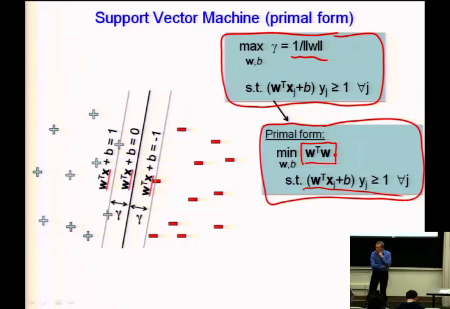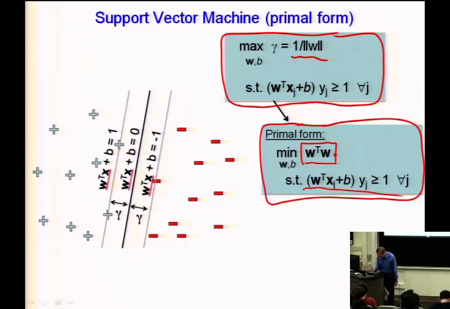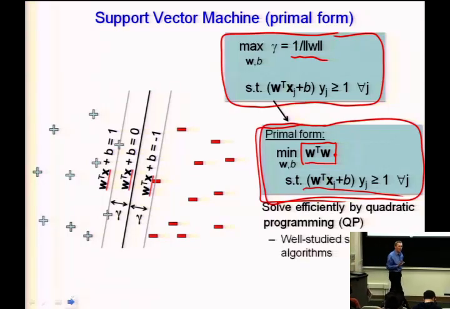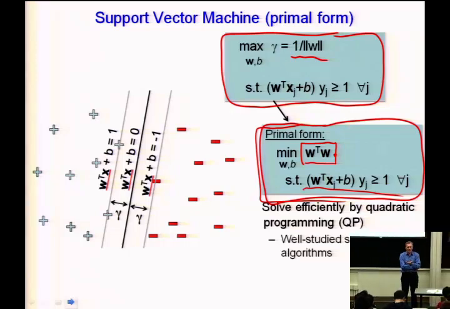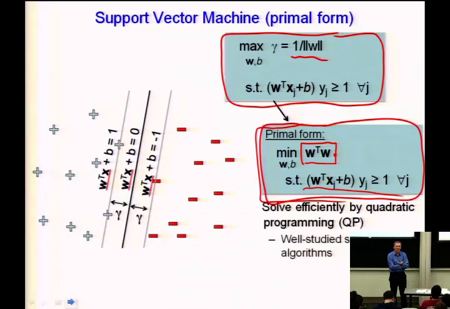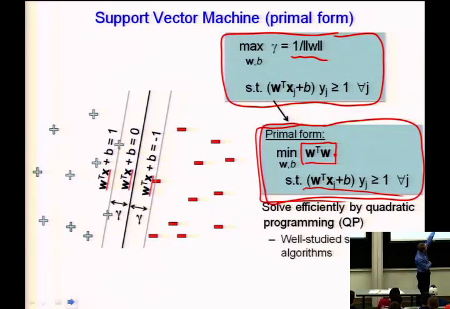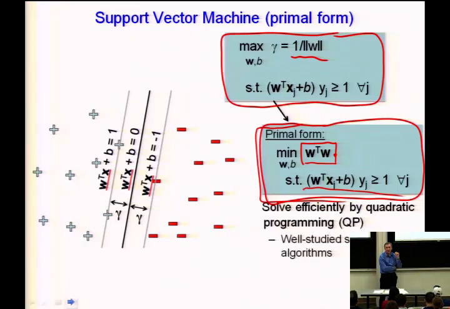All right, so now the nice thing about writing it in this form is it turns out this is what's called a quadratic programming problem. So there are optimization algorithms around that you can grab off the shelf. This is a well-studied class of optimization problems where essentially this is called a quadratic programming optimization problem because the quantity that we're trying to minimize with respect to our variable, in this case w and b, is a quadratic function of w and b.